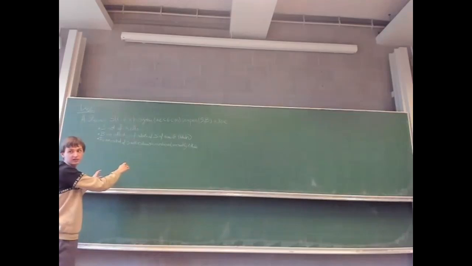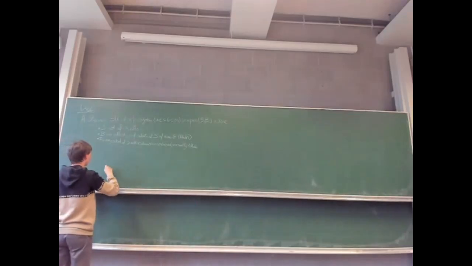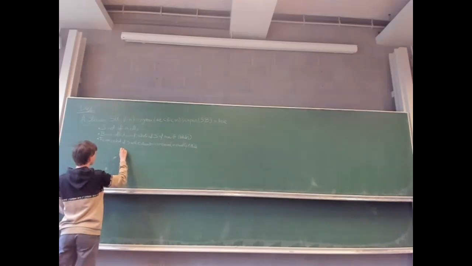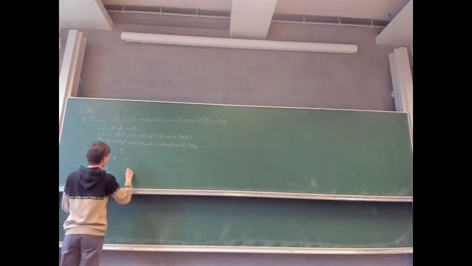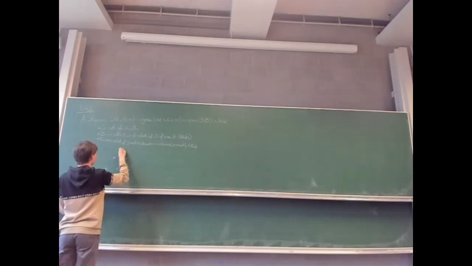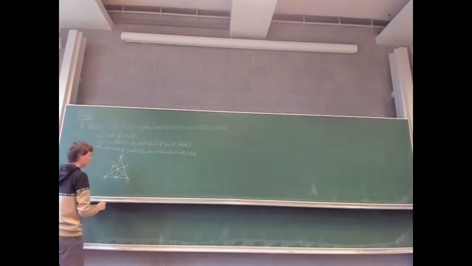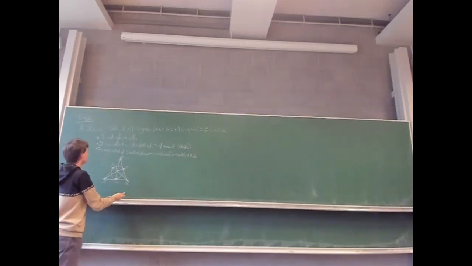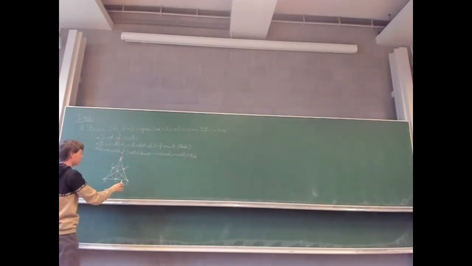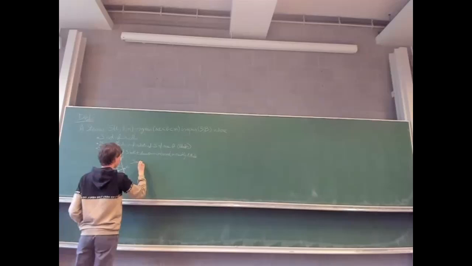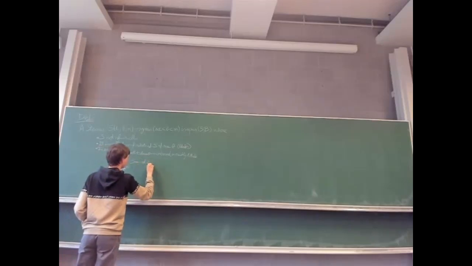And to make this definition a bit clearer, I will give a small example. This example is the Fano plane, as some of you might know it. This is a specific example of a Steiner system. In this case, our set of n elements will be the set of points.